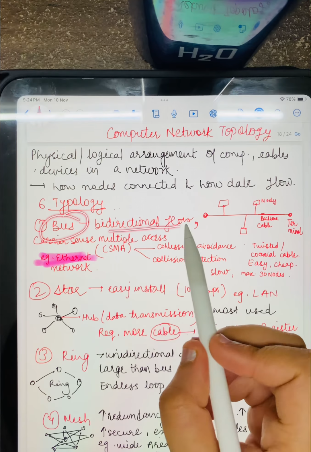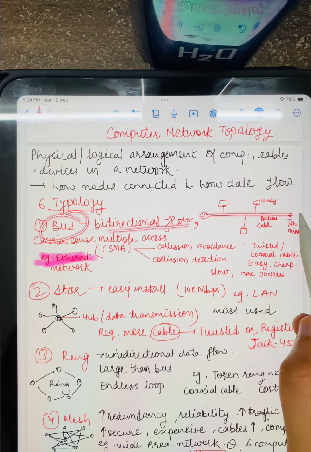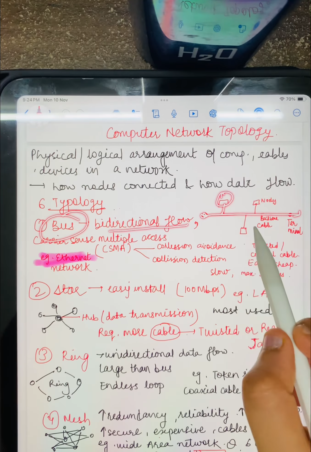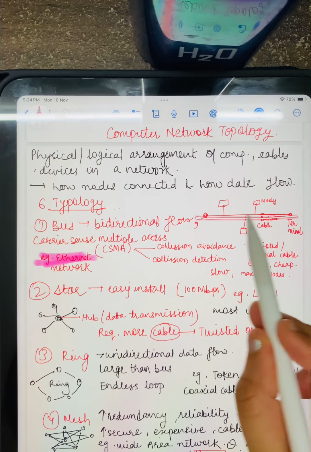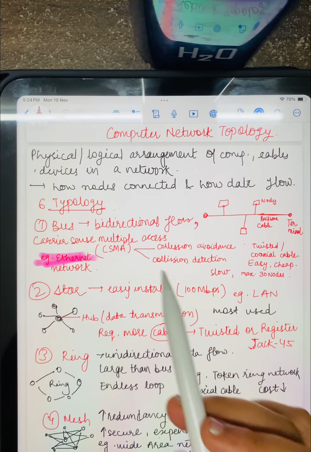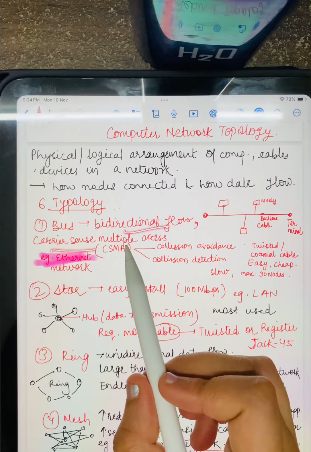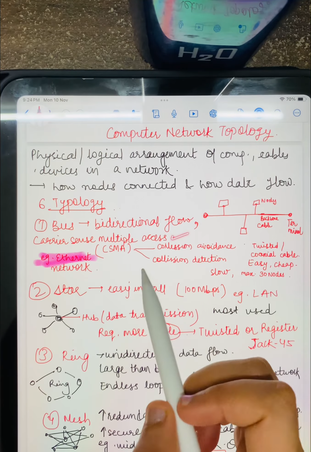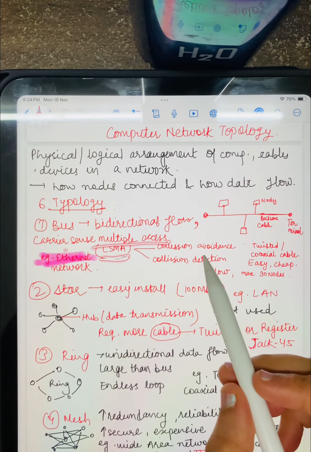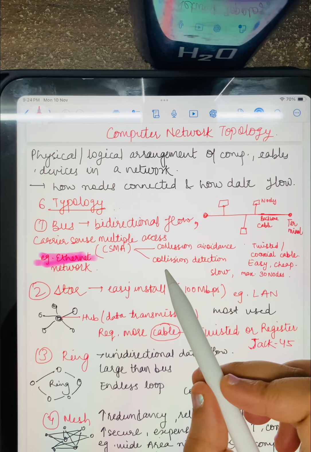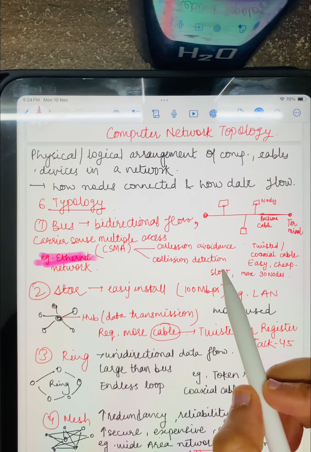Bus has bidirectional flow. See, this is bus 1, bus 2, bus 3, all connected to a single cable. It has a bidirectional flow. It uses carrier sense multiple access, that is CSMA, with collision avoidance and collision detection.